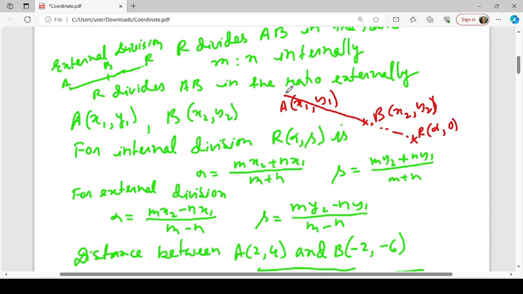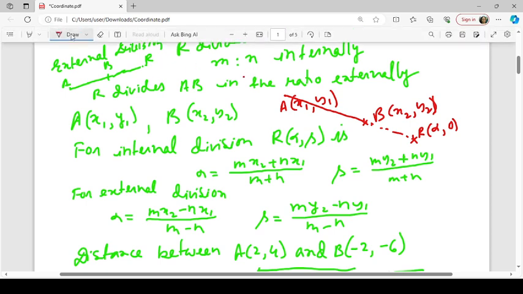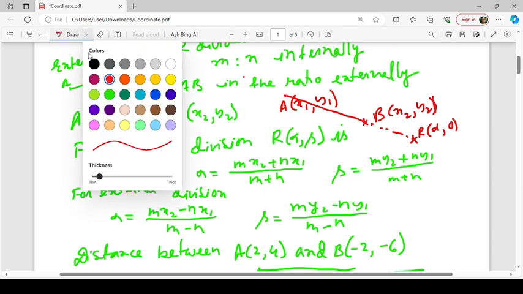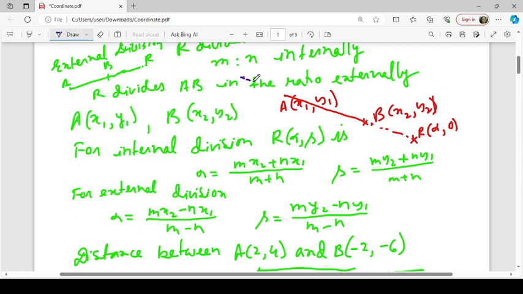And if it meets the y-axis at this point R dash, then x coordinate is 0, so (0, beta).